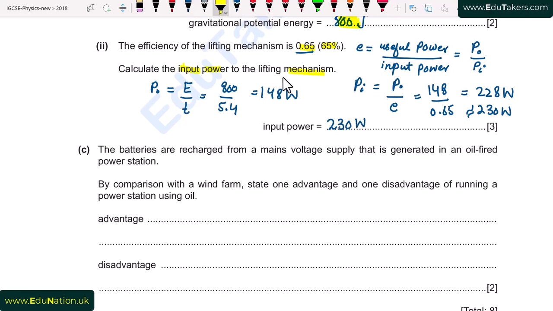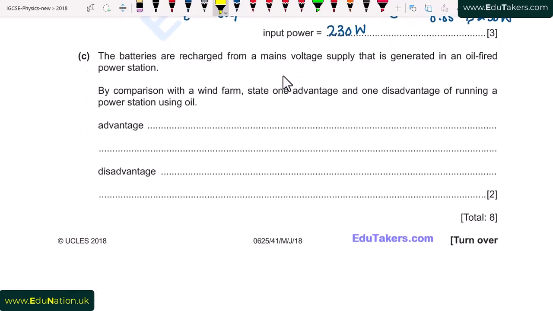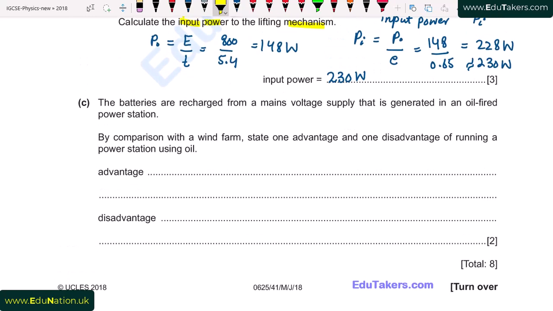Part C. The batteries are recharged from a main voltage supply that is generated in an oil-fired power station. By comparison with a wind farm, state one advantage and disadvantage of running a power station using oil.